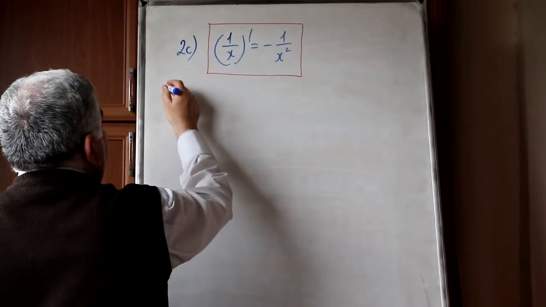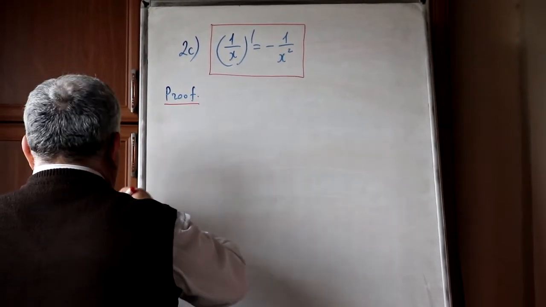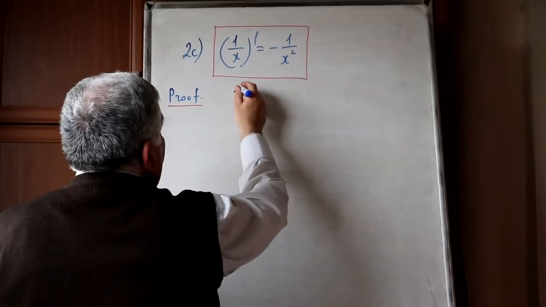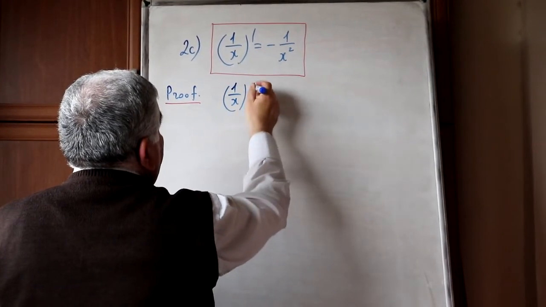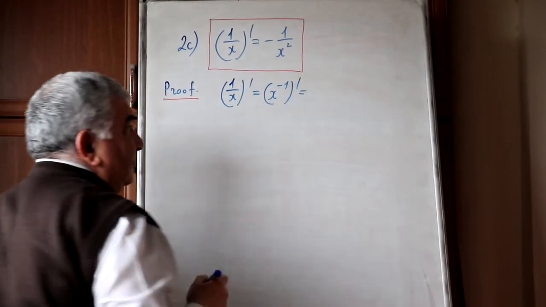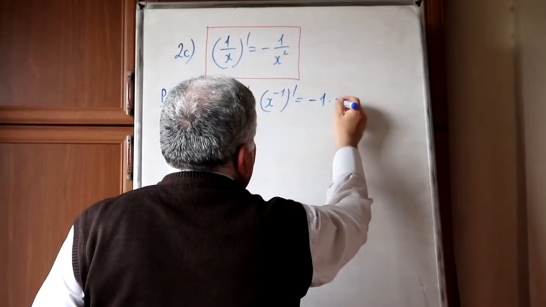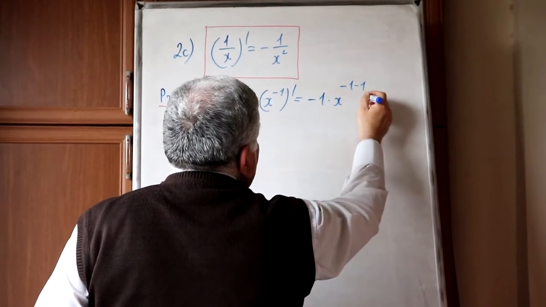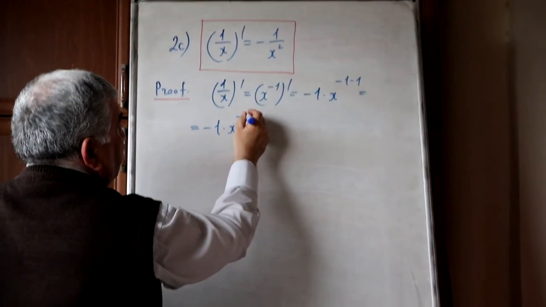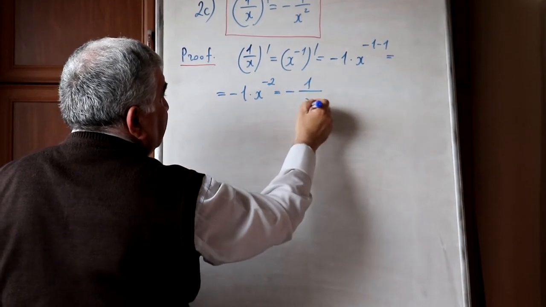Proof. 1 over x is x raised to minus 1. 1 over x prime equals x raised to minus 1 prime, and substitute minus 1 instead of n in the general formula. Minus 1 multiplied by x raised to minus 1 minus 1 equals minus 1 multiplied by x to minus 2, and it is minus 1 over x squared.